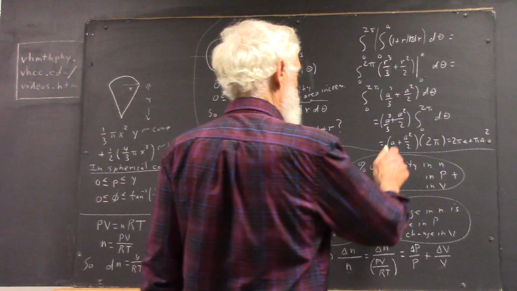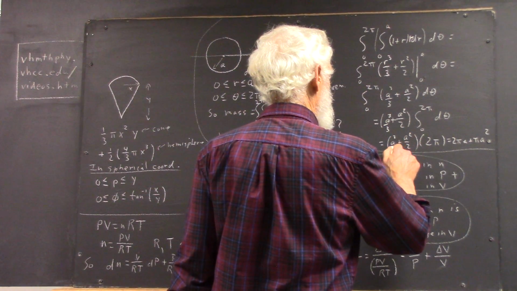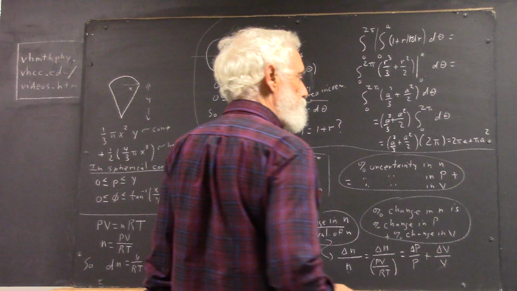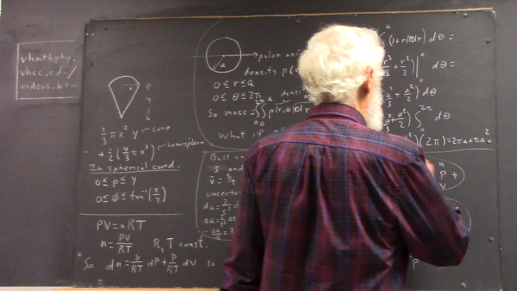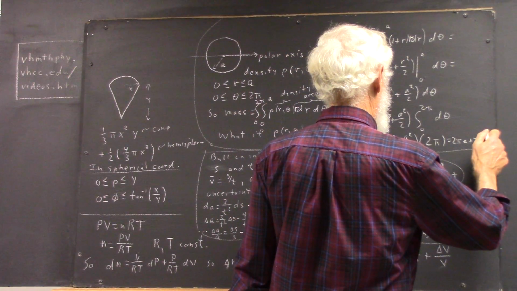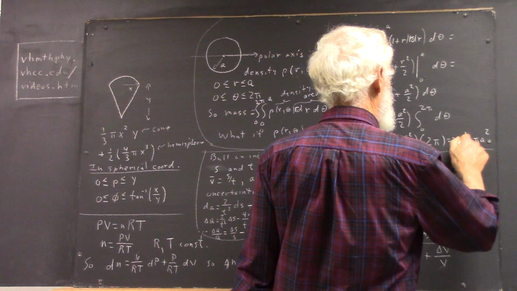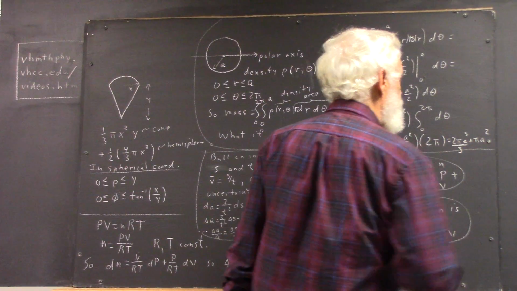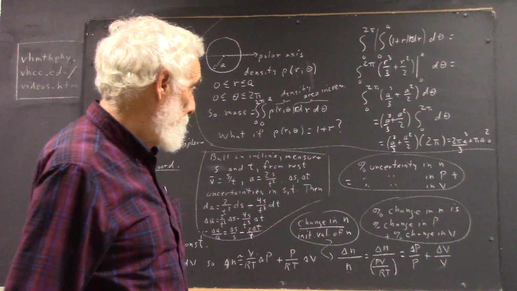And then, correcting, we have an a cubed over 3 here, multiplied by the 2 pi, so we end up with 2 pi a cubed over 3 plus pi a squared.